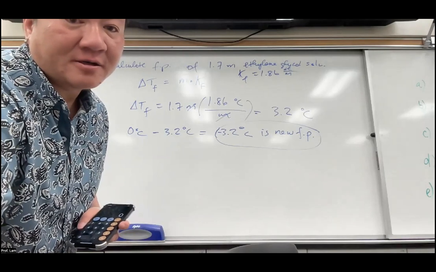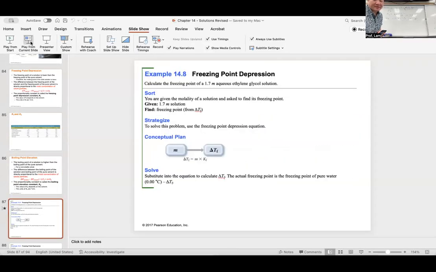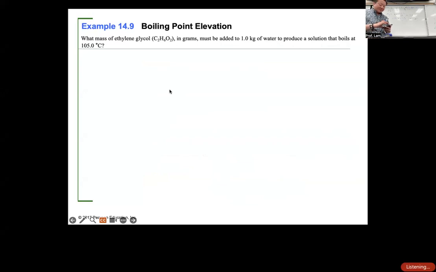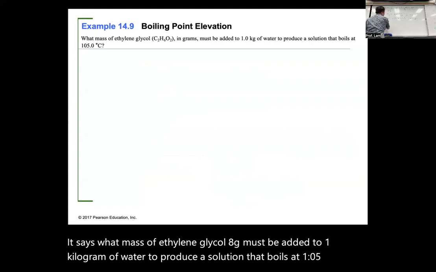Let's do the next problem for boiling point elevation. It says, what mass of ethylene glycol, C2H6O2, must be added to 1 kilogram of water to produce a solution that boils at 105 degrees Celsius?